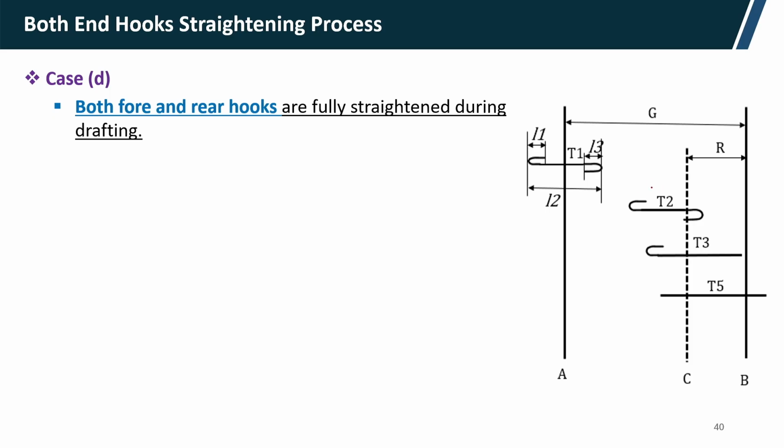Now, at the T2 portion, the midpoint of the leading hook has reached the accelerating point. So, it starts straightening, and as R gives sufficient length, it will take some time to fully straighten. After straightening, the midpoint of the body part will reach.